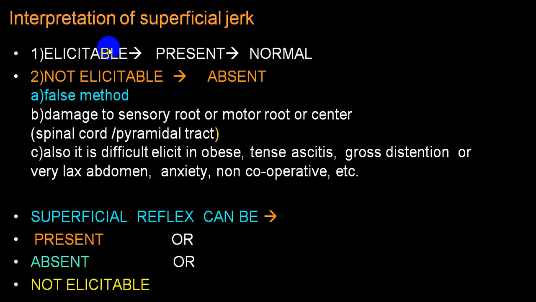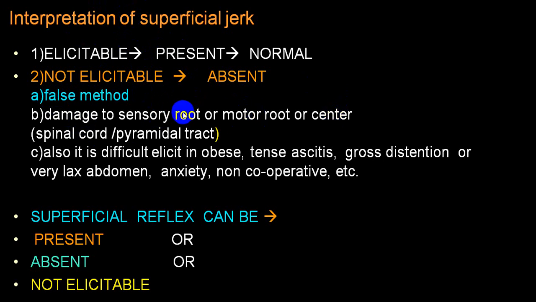Superficial reflex will be elicitable, meaning we call it present, that is normal. If it is not elicitable, it is due to damage like upper motor neuron or lower motor neuron, and it will also not be elicitable if your method is wrong, we call it a false technique, or there is a damage to sensory root or motor root or the spinal cord center.